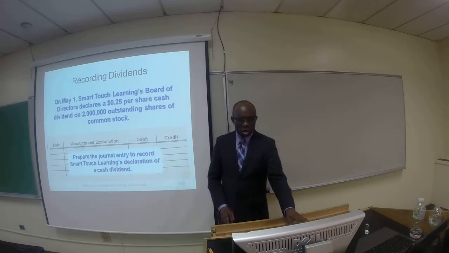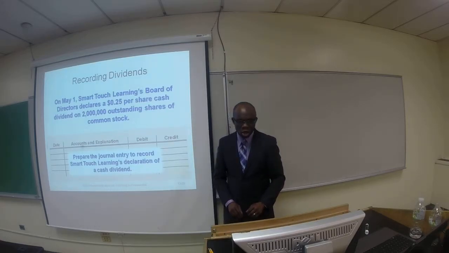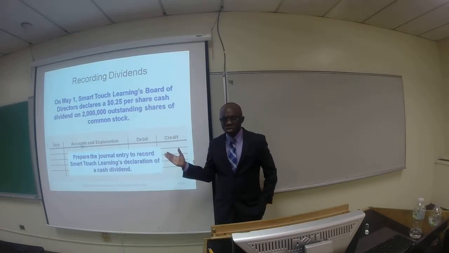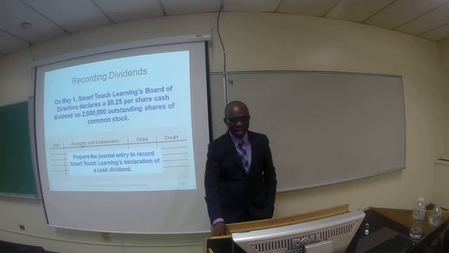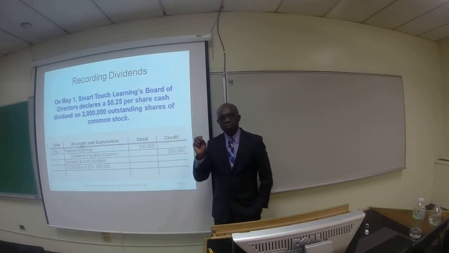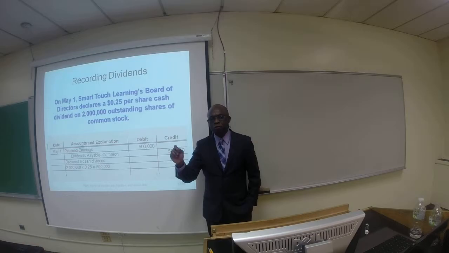Now let's take a look at how we record dividends. Here's an example. The board of directors declares a 25 cents per share cash dividend on 2 million outstanding shares of common stock. On the declaration date, the company is obligated to make that payment, and they make a journal entry. 25 cents multiplied by 2 million outstanding shares gives you $500,000.